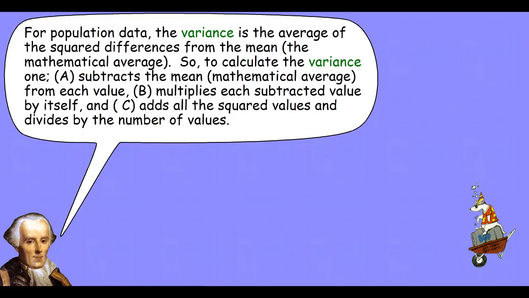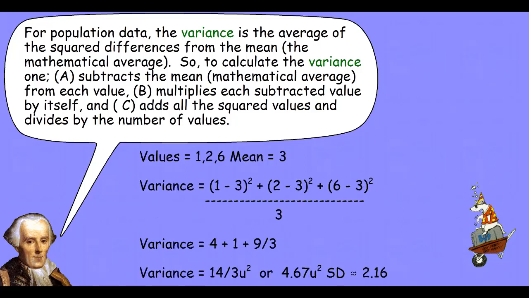That is the mathematical average. So in order to calculate the variance, you start off by subtracting the mean from each value, multiplying that number by itself, adding them all together, and then dividing them by the total number of values.